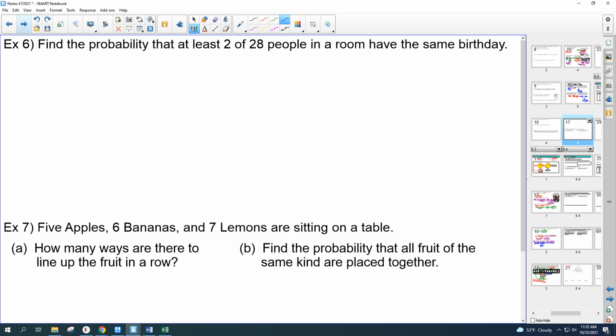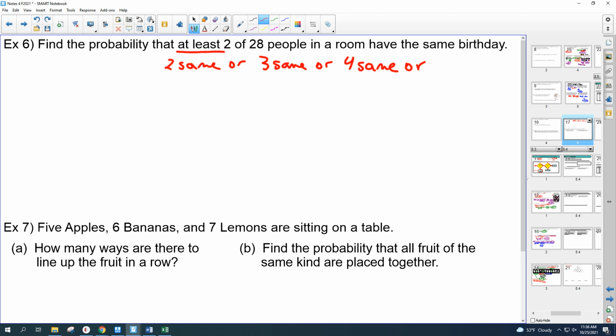Here's what we have to do here. Okay, when they say at least 2, what that means is that 2 are the same, or 3 are the same, or 4 are the same, or all the way up to 28 being the same. Now that's not very likely, right?